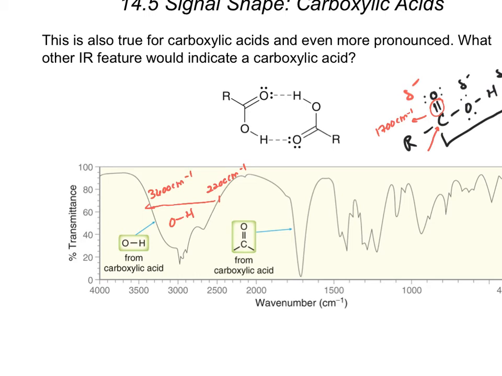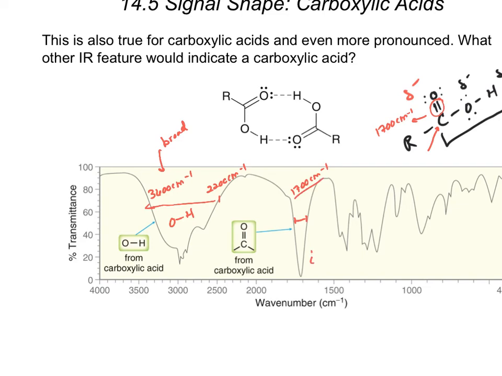Very strong signal, right? And so for a carboxylic acid, you will get a very broad signal between 2200 and 3600. That's correlating to the OH bond of the carboxylic acid molecule, but you'll also get a very strong signal at about 1,700 inverse centimeters.